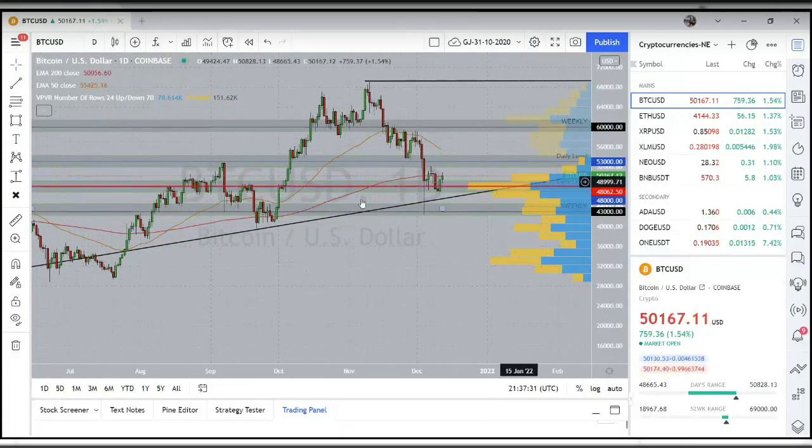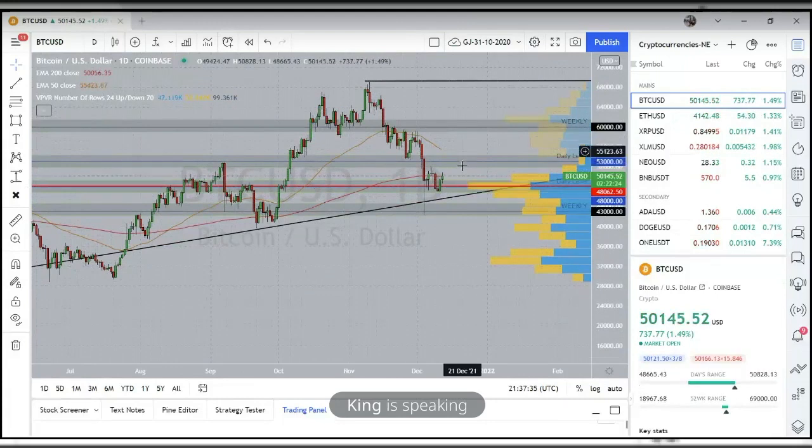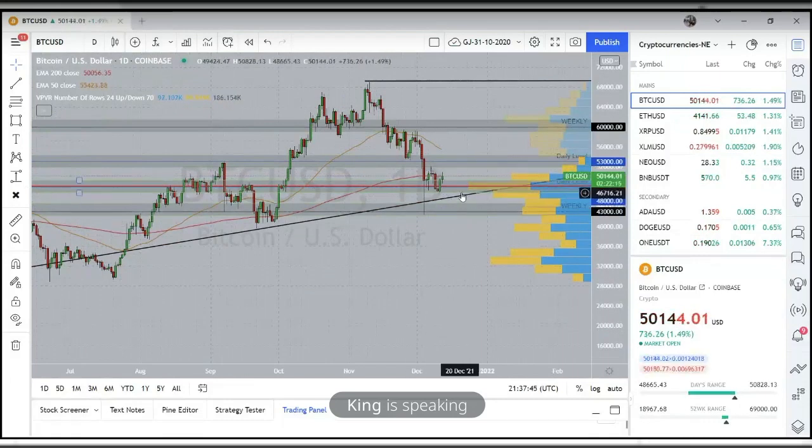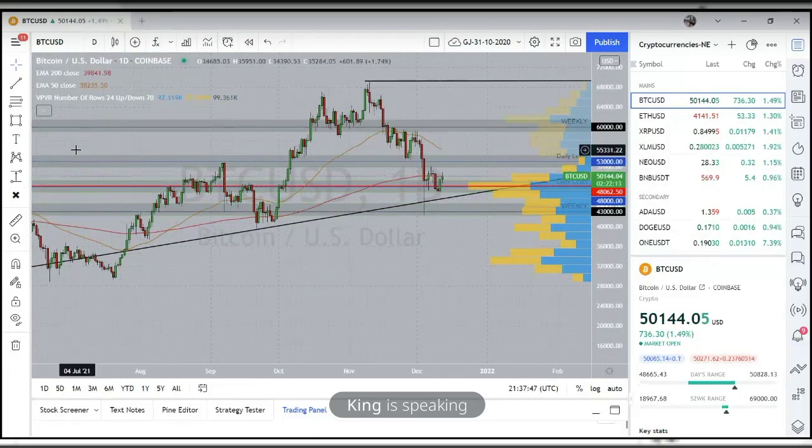So yeah, I'm expecting price to trade around this area between 53 and 43K. I'm expecting this to be a range going forward. We might actually see price in between this range, around the midpoint, which is about 50,500.